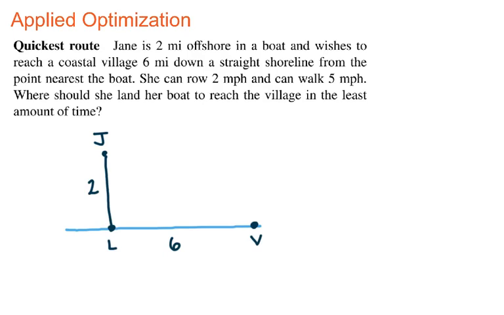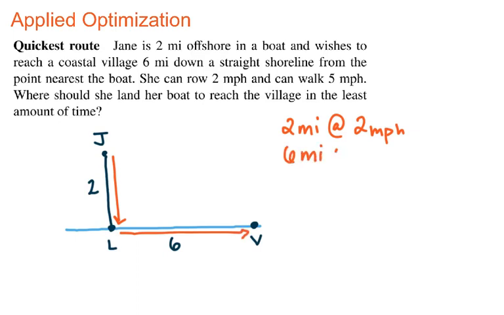So let's think about these situations. If Jane were to go 2 miles directly to the shoreline and then 6 miles to the village, she would be traveling 2 miles at 2 miles per hour, which is this distance right here, and then 6 miles, and her speed at walking is 5 miles per hour.